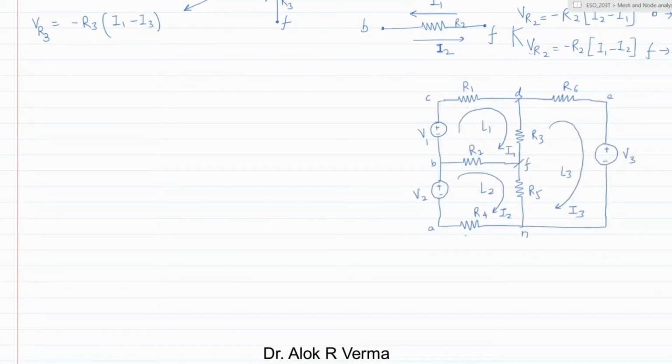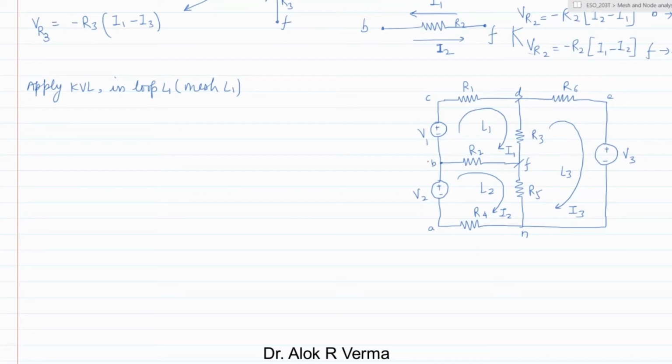This is N. Let us consider the example and apply KVL in loop L1, which is nothing but the mesh. Loop L1 or mesh L1 is the same thing, because this loop L1 is the smallest loop and does not have any sub loop within it.